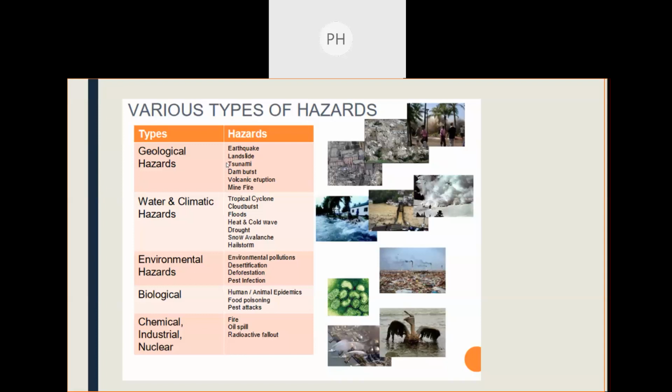One important unit in which a hazard is also measured is the return period. When somebody says, okay, this is a flood of 100-year return period, that is an indication of the magnitude of the flood.